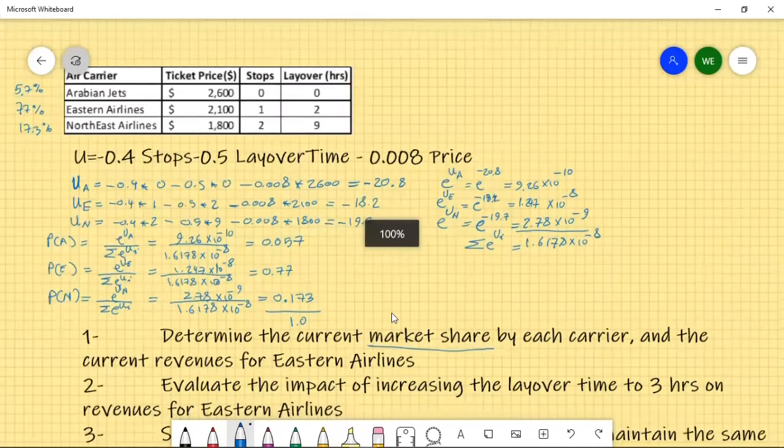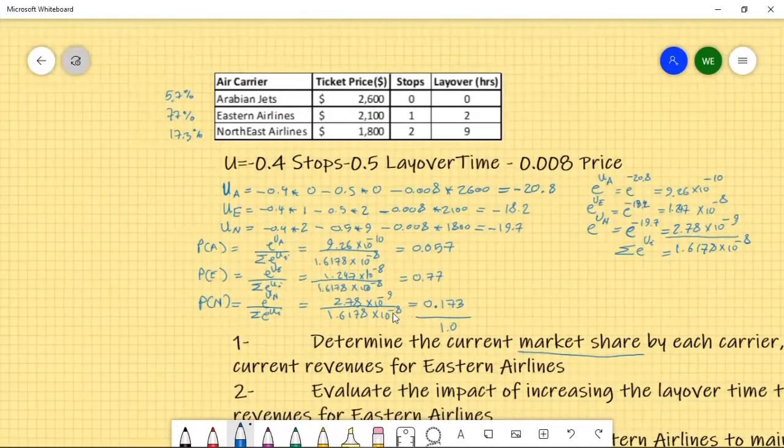Now we want to go to the revenues, revenues meaning income. Okay? So how to get the revenue? Let's do this. Revenue, let me just move this down.